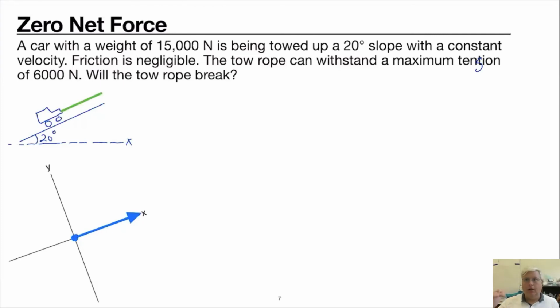We know that it's on a surface, which indicates that there's going to be a normal force perpendicular to the surface. And it's a 15,000 newton weight, so the force of gravity points straight downward.